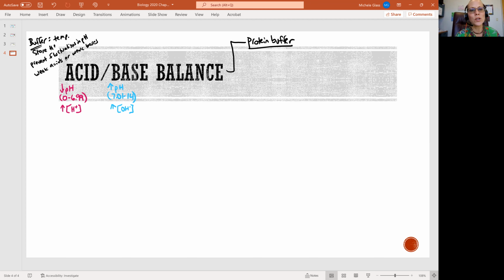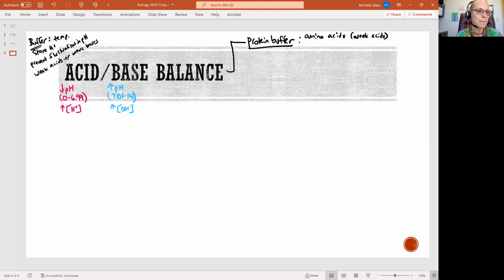So now if we go back to our description of a protein buffers, they are buffers because proteins are made of amino acids, which are weak acids. So any protein that has a free amino acid end is going to have this ability to pair up with hydrogen ion or release hydrogen ion as needed.